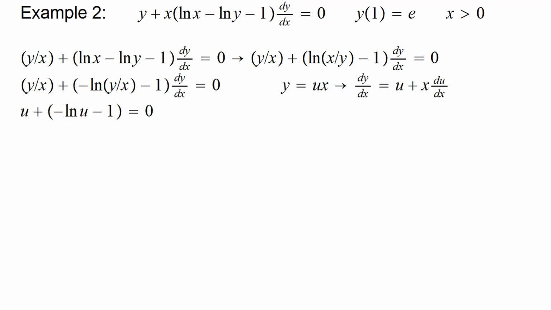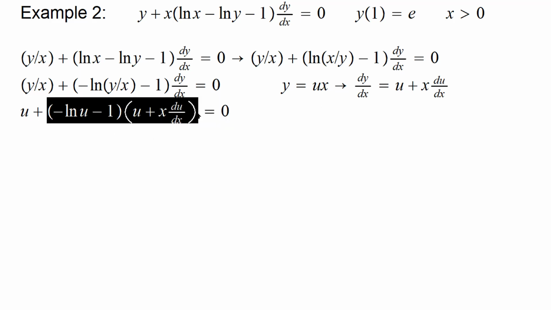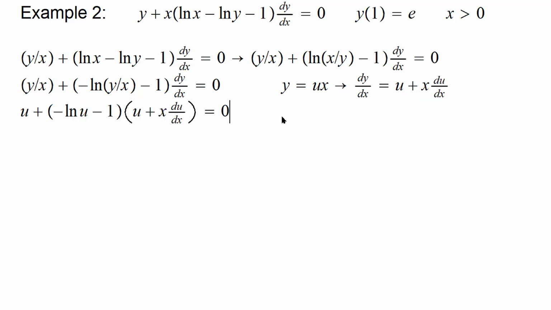And for this one, what we shall have is u plus x du dx. Okay, so this is what we have for the whole thing, and now let's see what we get out of it. All right, so at the moment, the very first thing that we will have to do, I don't see a way around it, is to multiply these out, or what you call the FOIL method.